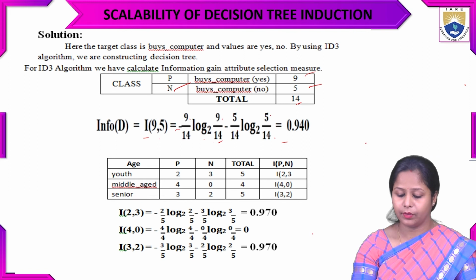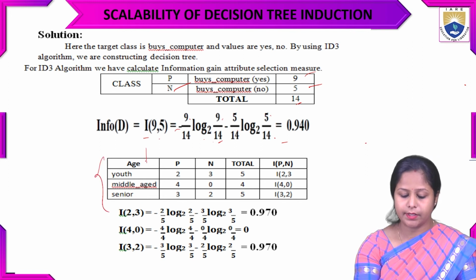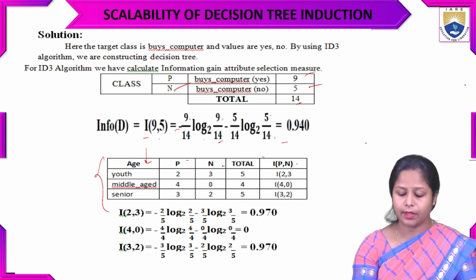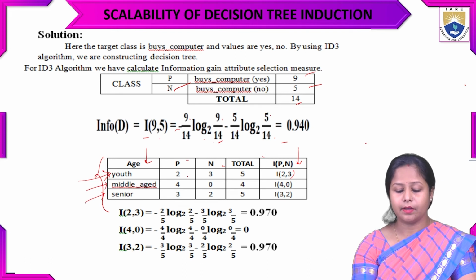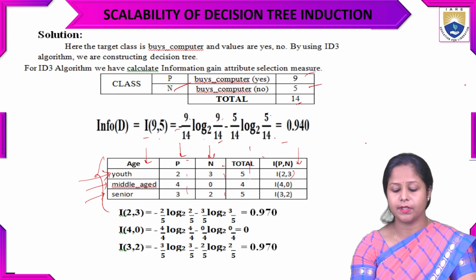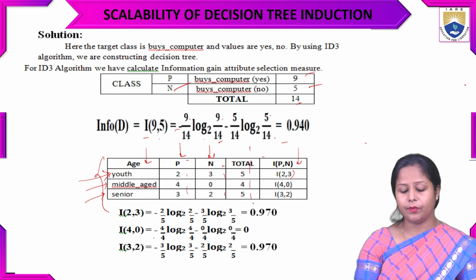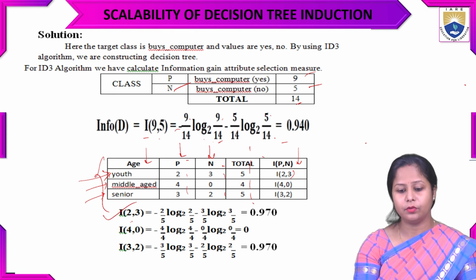For this table, having the age with P, N and total I of P, N, we will calculate for the same records: youth, middle aged and senior, where P and N have some values and total has some values. We also have to calculate I of 2, 3.